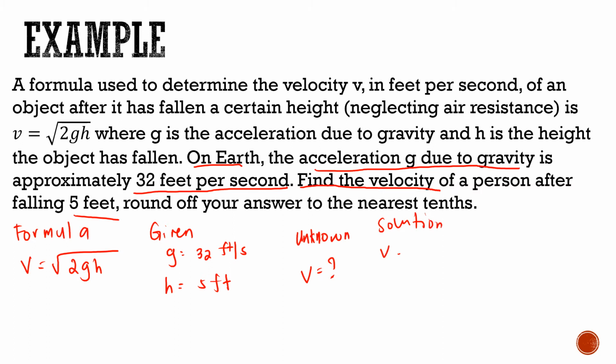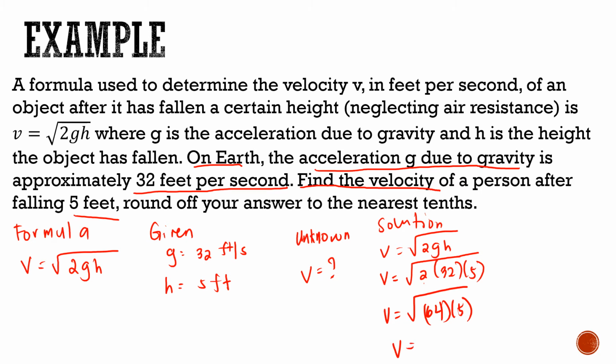So we got v is equal to the square root of 2gh. Substitute the given values. So v is equal to the square root of 2 times 32 times 5. Now remember, if there is no operation between the given terms, variables and numbers, the operation will be multiplication. So let's solve. V is equal to the square root of 2 times 32, that is 64, times 5.